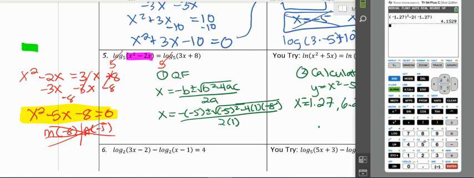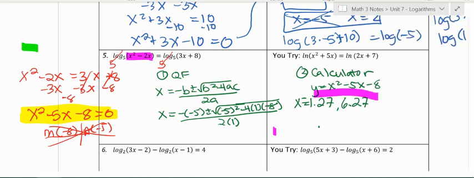So I have a 6.27 squared minus 2 times 6.27. And that one also works out. So we actually get two solutions for this one. That's a positive 6.27 and a negative 1.27.